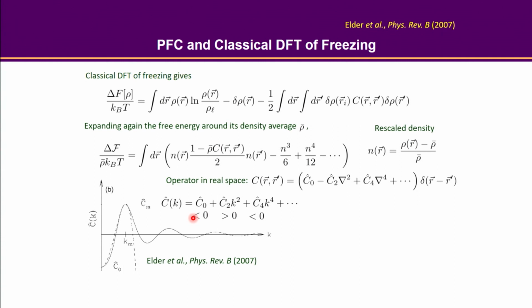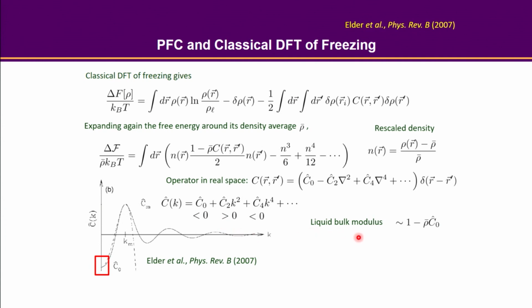but here we just focus our discussion on this C of k, which we just fit with the first peak and also the C0. So a three parameter fitting is used in this 2007 paper. But there's some physical meaning of those three numbers, C0, C2, and C4.